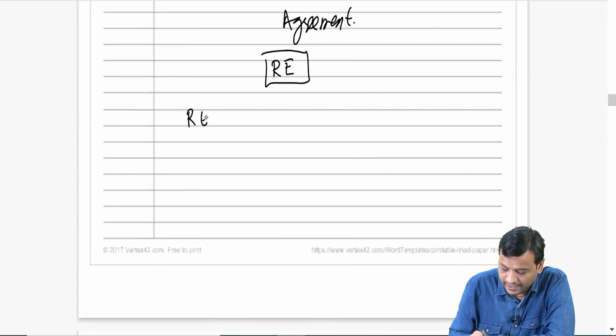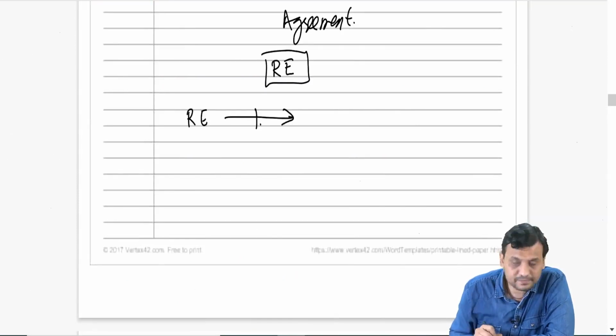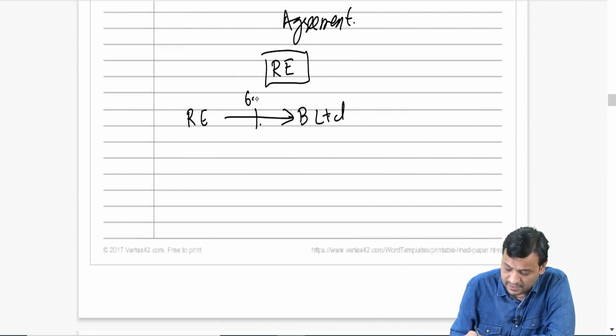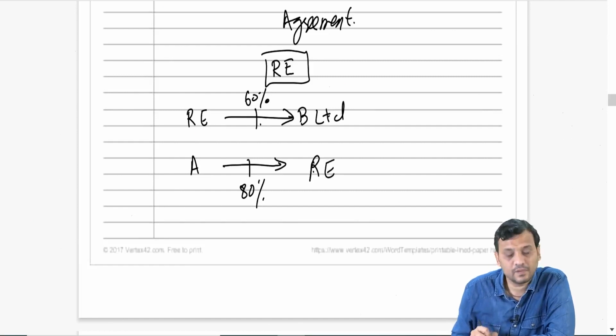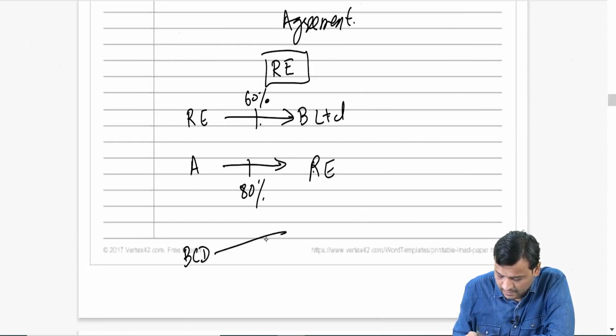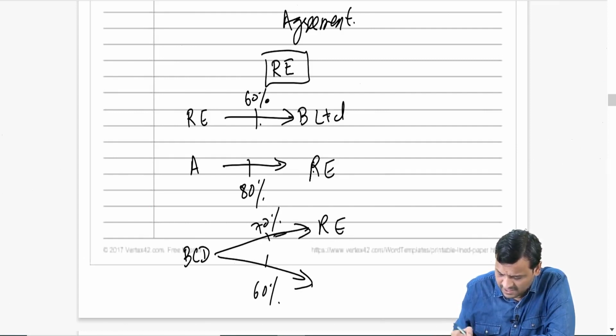So, the reporting entity is controlling somebody, say B Limited, it is having 60% stake, or somebody is controlling the reporting entity, and there is one entity which is controlling both the reporting entity as well as some other entity also. I am just writing these numbers, these are all imaginary numbers.